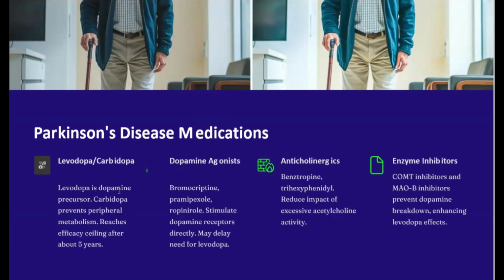They are going to have rigidity, and they are going to have bradykinesia. So always remember the medication that we give them. We give them levodopa. We give them dopamine agonists. We give them anticholinergics, example benztropine, and we also give them the enzyme inhibitor. So let's go to the next one.